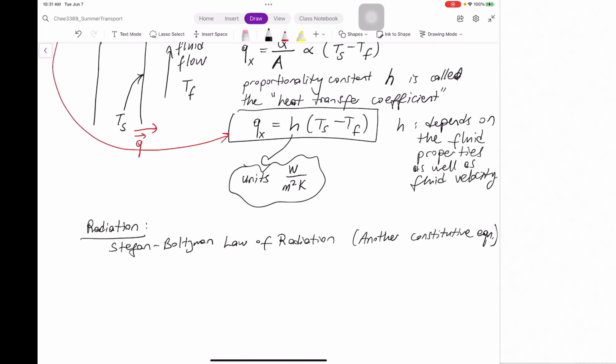But let's clarify a couple more points here. This is the law that tells you how much heat is being radiated.